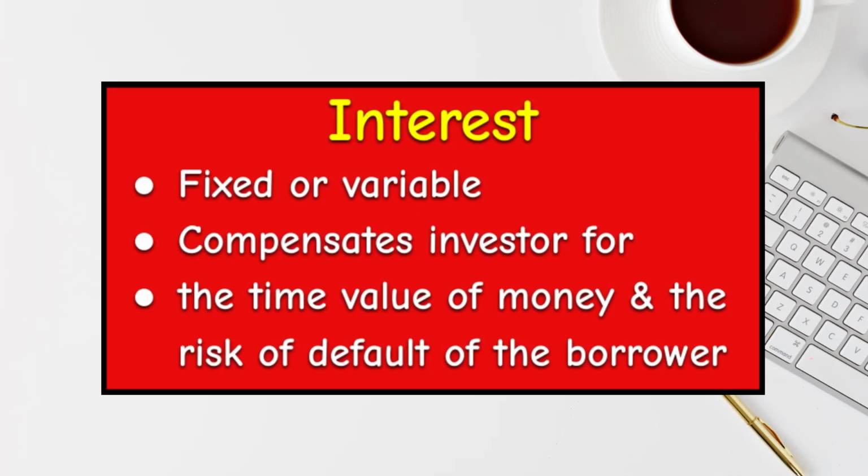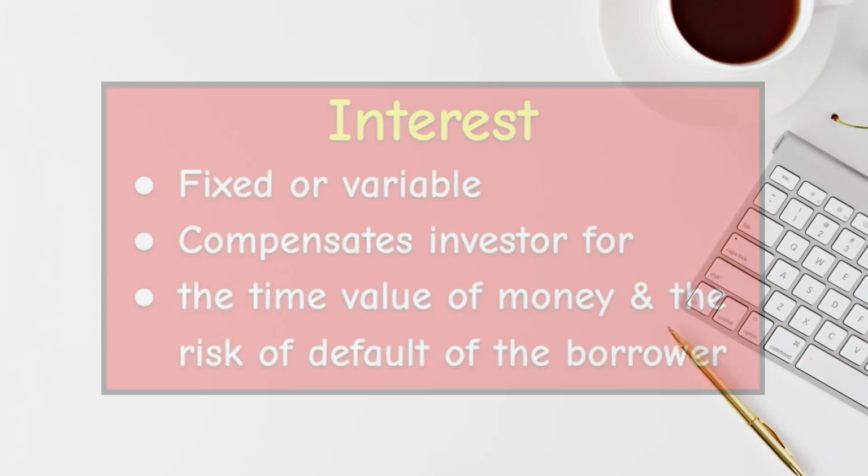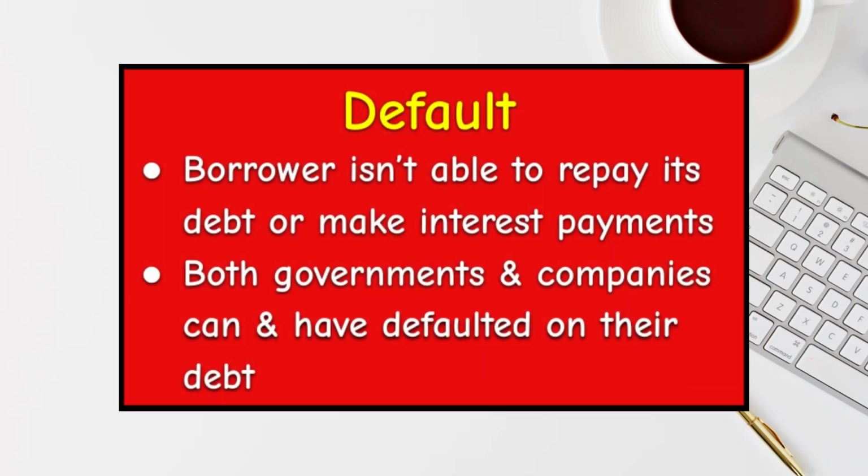When you buy a debt security, you will normally receive either a fixed or a variable interest rate to compensate you for the time value of money and the risk that the borrower is not able to repay the debt. When a borrower is not able to repay its debt, it is said to be in default.